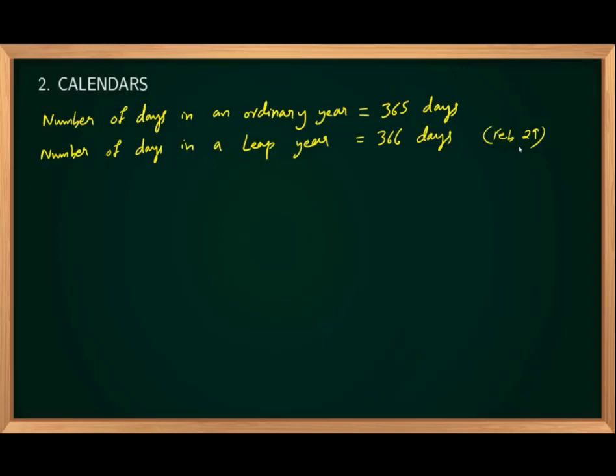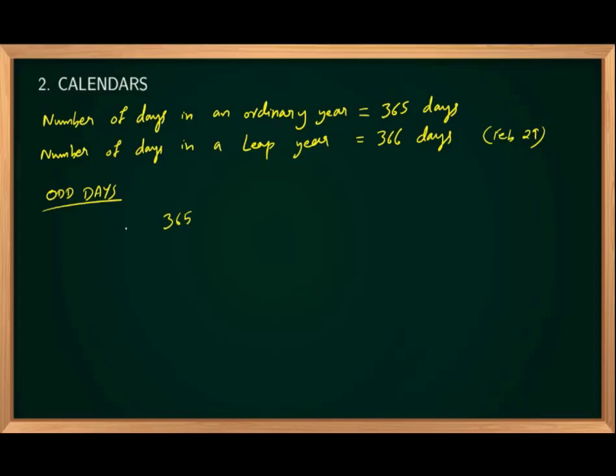Then next, the most important concept, odd days. For the time being, you just understand what is odd day. The odd day means the remainder of, if it is given certain number, let it be 365 itself.